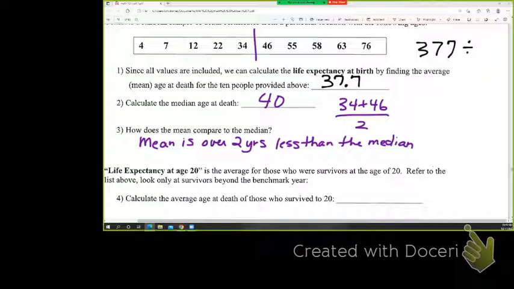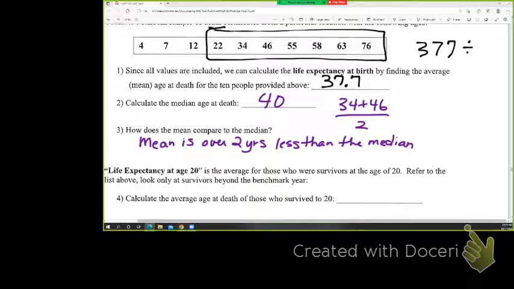So for this group, that would include only these last people, because they survived to age 20. So basically, if you make it to 20, now this is your life expectancy.